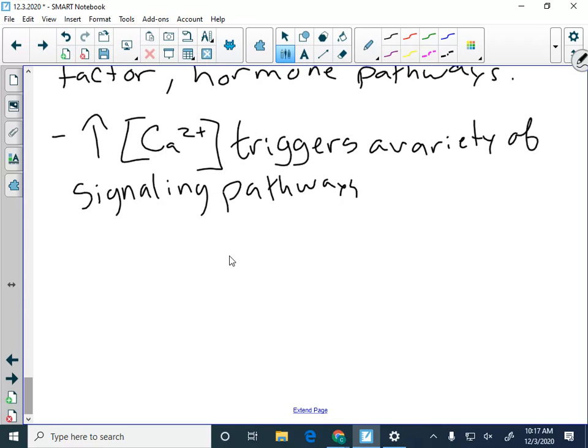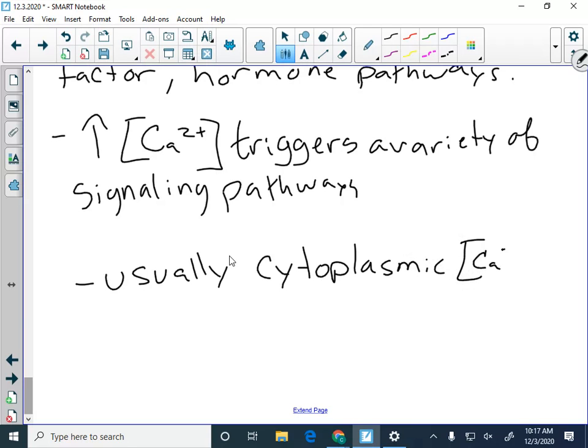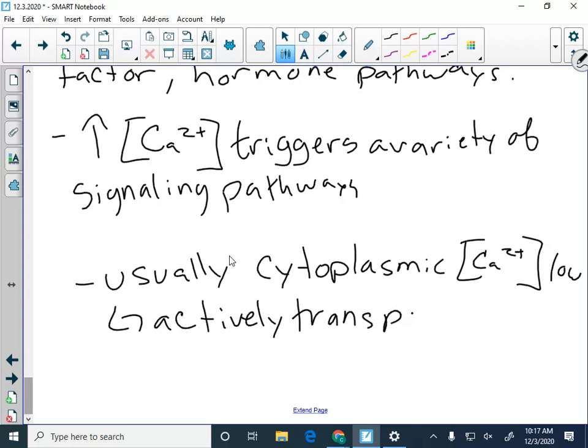Okay, so usually cytoplasmic concentration is super low. In fact, it is actively transported out, or actively transported into the ER.